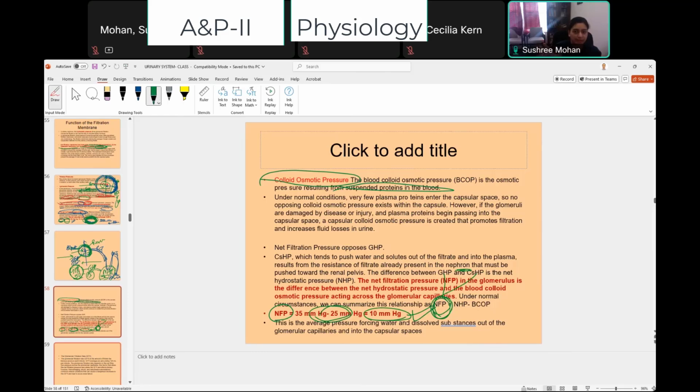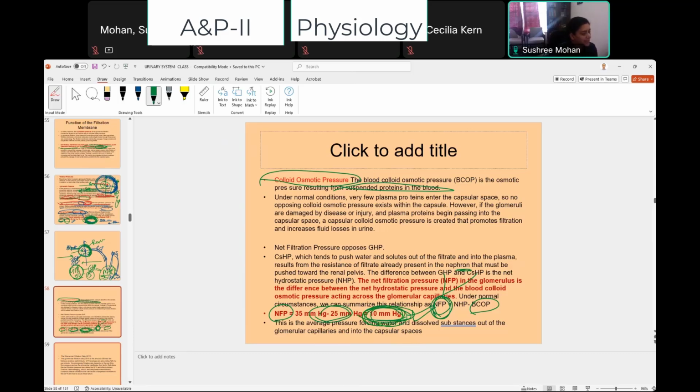But that's not the final pressure. There is also an opposing force in the opposite direction, which is the BCOP, blood colloid osmotic pressure. It is opposing. So now what we do is we take the filtration pressure and subtract the BCOP so that we get the final net filtration pressure.